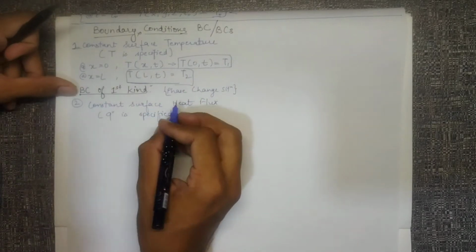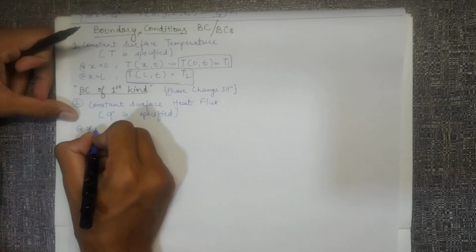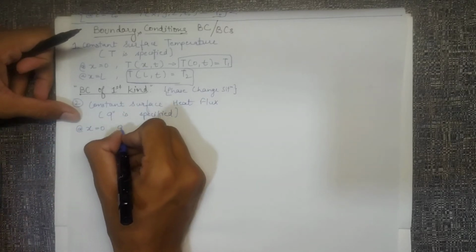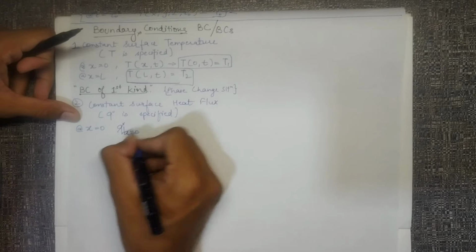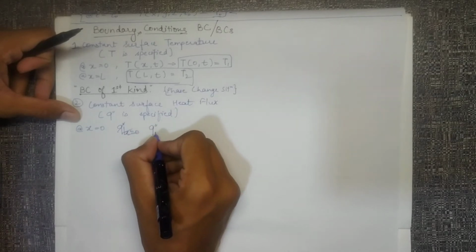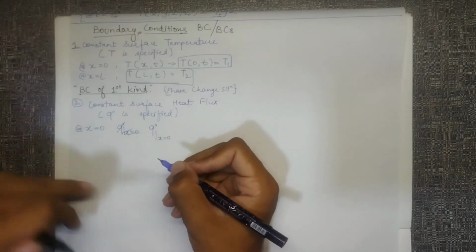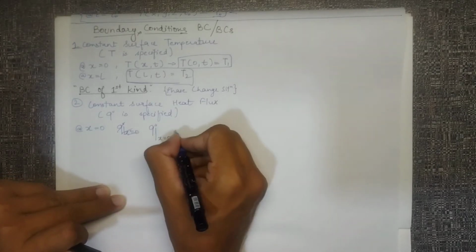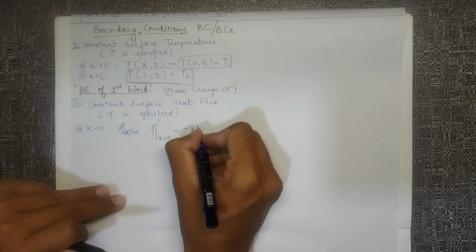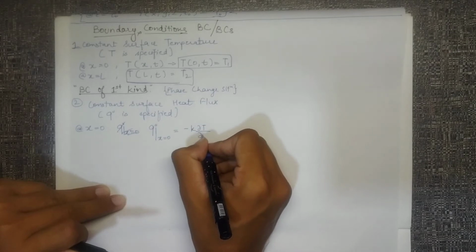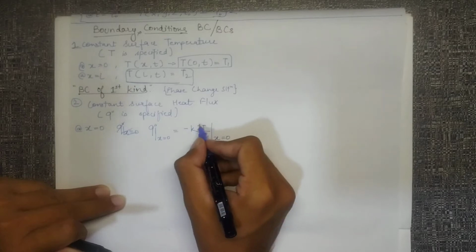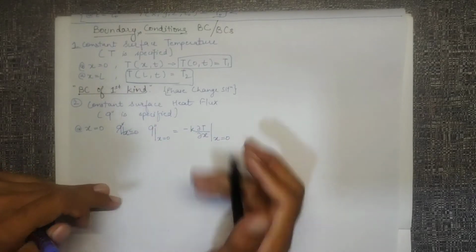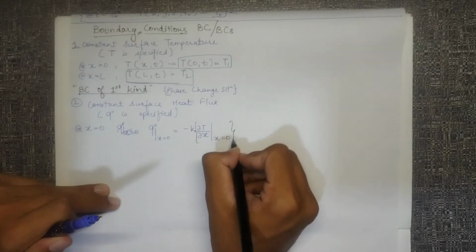So in this case, at x is equal to 0, my heat flux q double dash at x is equal to minus k del T by del x taken at x is equal to 0. This may be a specified value. When I write this, it means this is a constant given value.